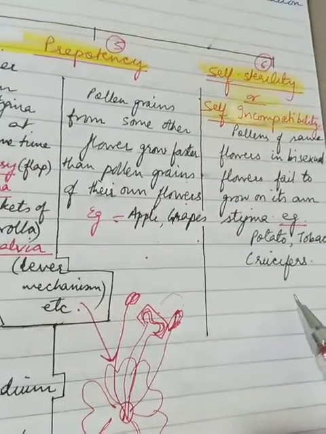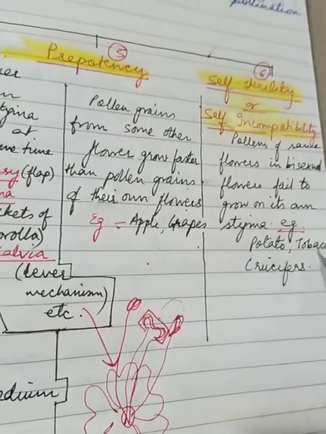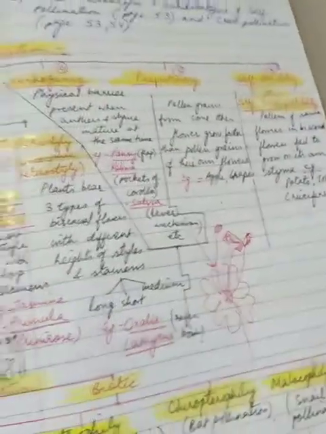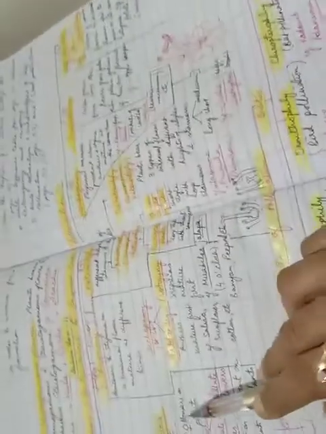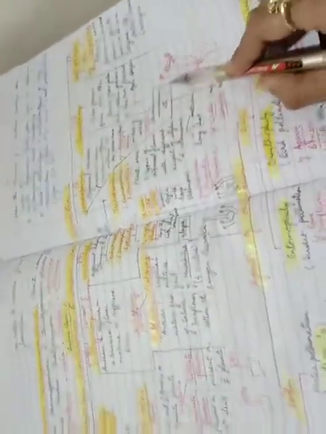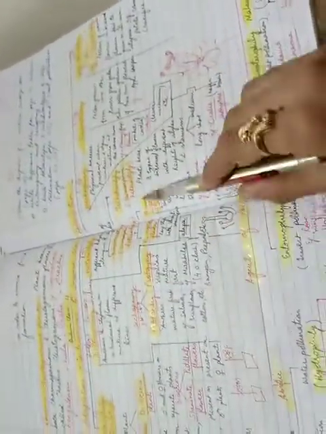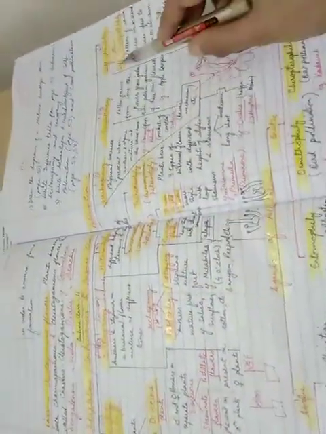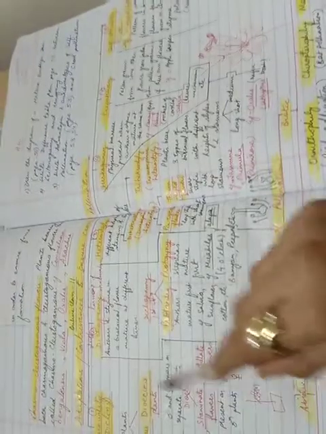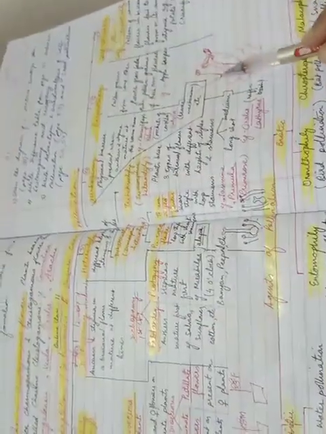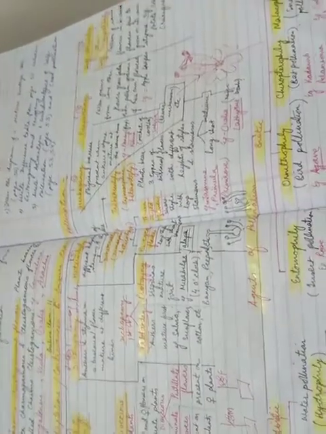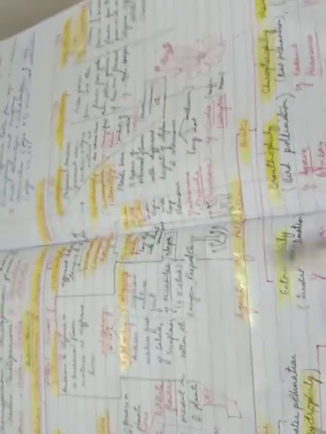Examples: potato, tobacco, and various crucifers. So what you have seen in these six categories, children, with various side headings, all hint at one very common thing. What is the common message these methods give? That nature is favoring cross-pollination and discouraging self-pollination, because of the advantages and disadvantages that we have seen just now.